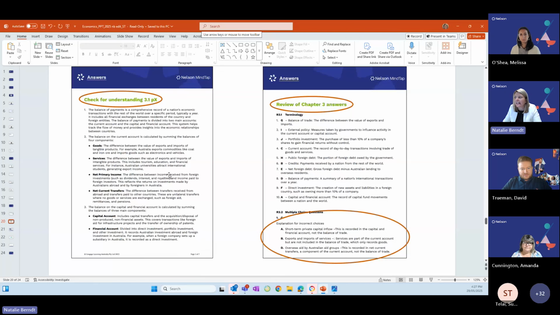So this is what the answers will look like. These are some examples of the check for understanding and the review chapters. What we really wanted to point to here were those explanations for incorrect choices on our multiple choice. We know the external exam, particularly the multiple choice, is written with distractors in mind, to try and distract students.